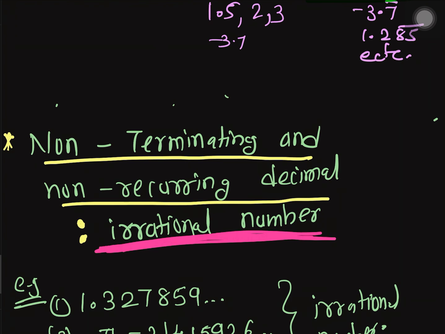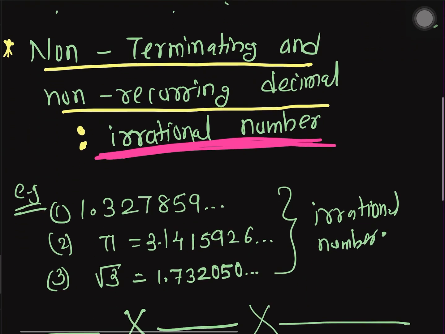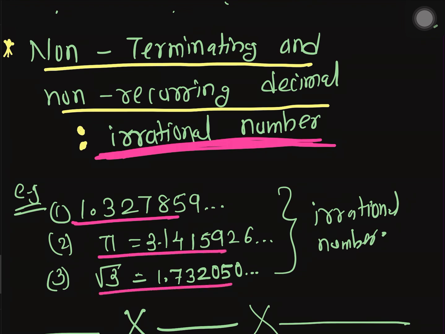So there are irrational numbers where the decimal expression is non-terminating and non-recurring. For example, pi, root 3, or 1.327859 and so on. So these are the irrational numbers.